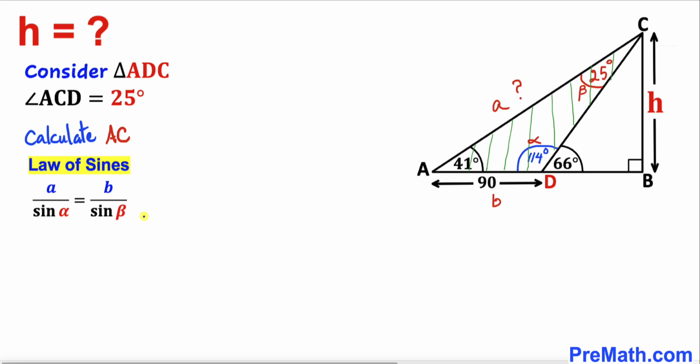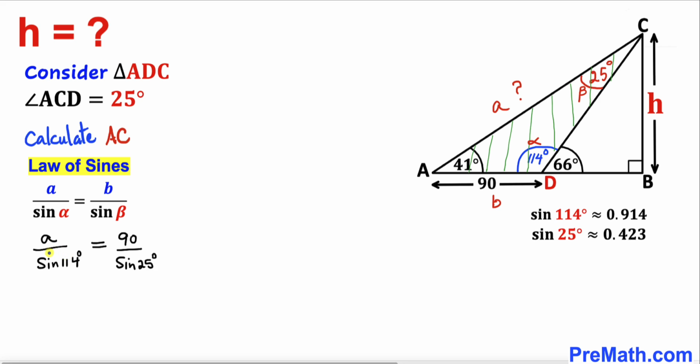And now let's fill in the blanks in this formula. We don't know A, so just leave it as A divided by sine of alpha, in our case 114 degrees, equal to B, in our case 90 units, so 90 divided by sine of beta, in our case 25 degrees.